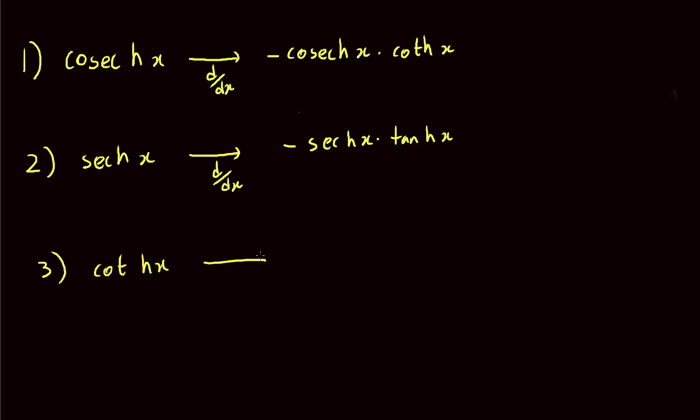If we take the derivative of it, we'll end up having negative cosec hyperbolic x squared, right? So basically it's the square of the negative cosec hyperbolic function. All right, so that's pretty much it for cosec hyperbolic x, sec hyperbolic x, and cot hyperbolic x.